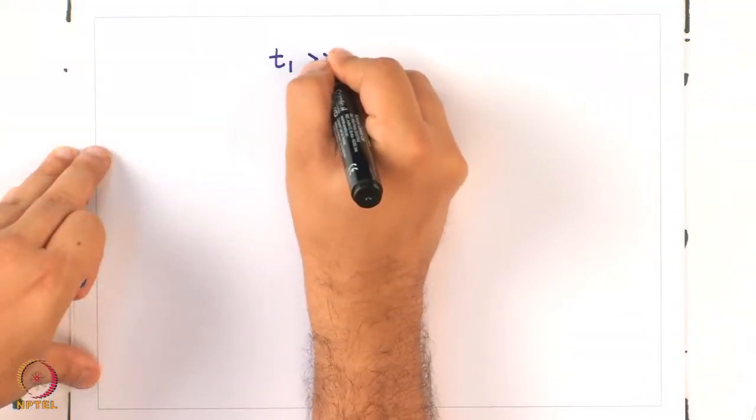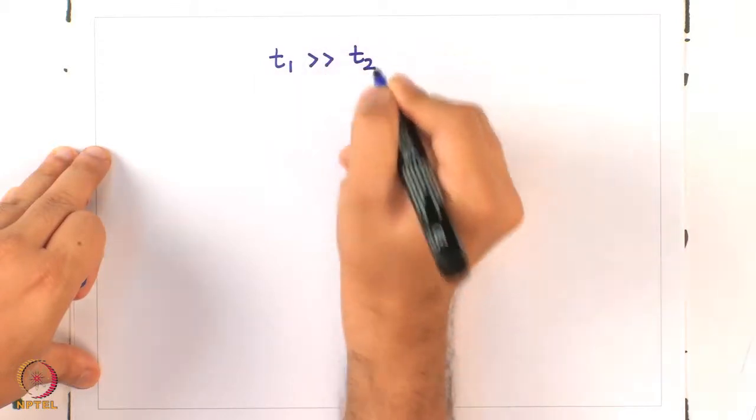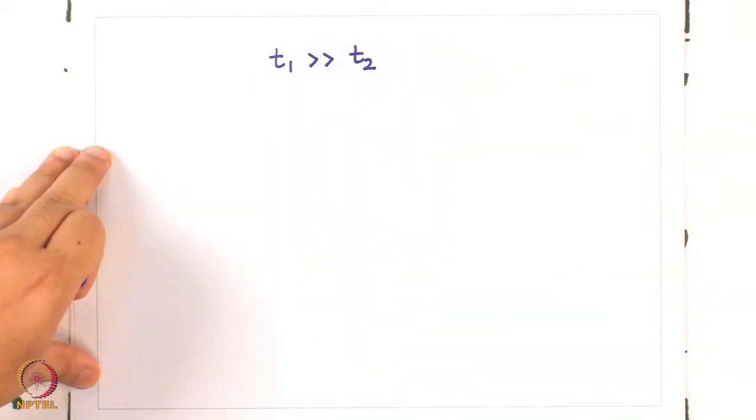So again, all of our analysis holds if T1 is much bigger than T2. What are the constraints on the variables of our system which ensure that this is true?